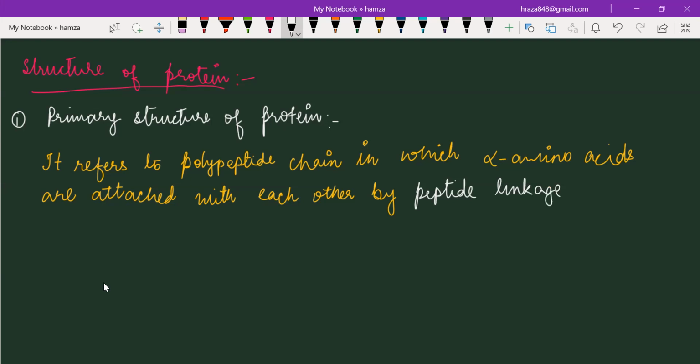As for example, alanine, glycine, and alanine are linearly arranged. So you see like this. So this is an example of protein.